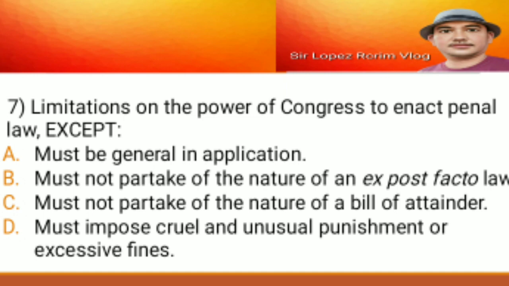Okay, number 7, limitations on the power of Congress to enact penal law except letter A, must be general in application. Letter B, must not partake of the nature of an ex post facto law. Letter C, must not partake of the nature of a Bill of Attainders. Or letter D, must impose cruel and unusual punishment or excessive fines.